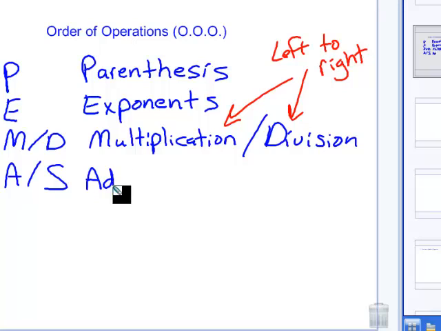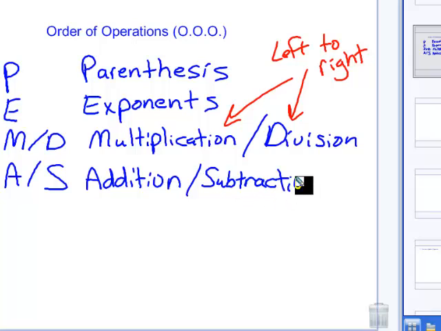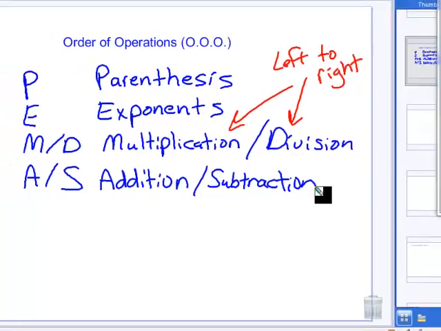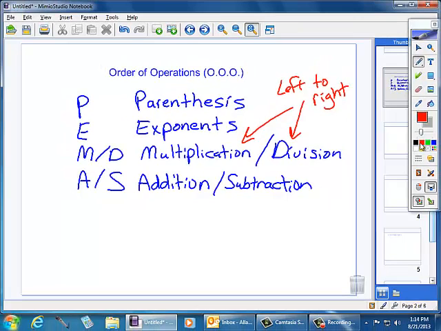That's what we'll do last. So if addition shows up first, or farthest to the left, we'll do that before subtraction. If subtraction is farther to the left, we'll do that just like reading a book, left to right. You can extend those right arrows to apply to this as well. You go left to right there.